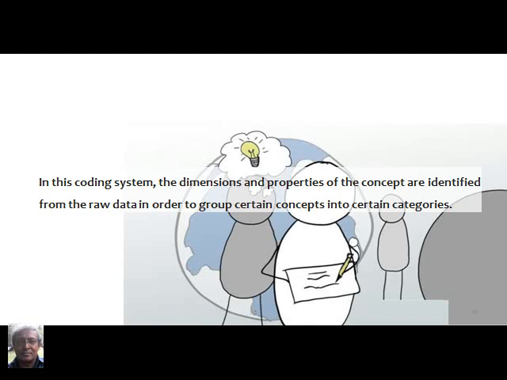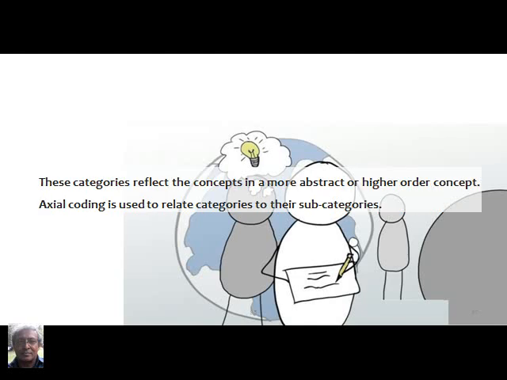In this coding system, the dimensions and properties of the concept are identified from the raw data in order to group certain concepts into certain categories. These categories reflect the concepts in a more abstract or higher order concept.